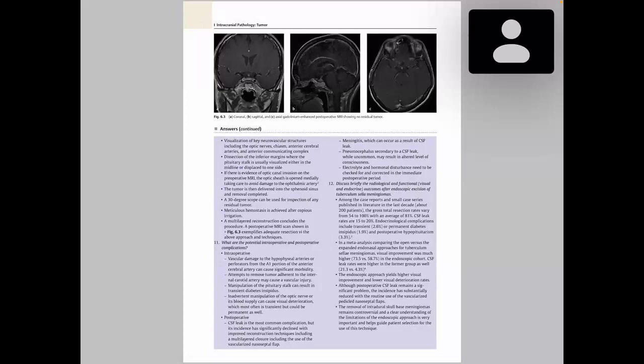I have a question. When we are opening up the floor, what is our lateral extent? Do we open to expose the ICAs, or are we not supposed to expose the ICAs? I think that depends on the extent of the tumor. Is it involving carotid sinus extension or not?